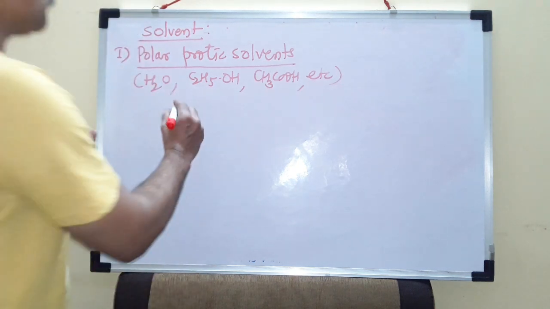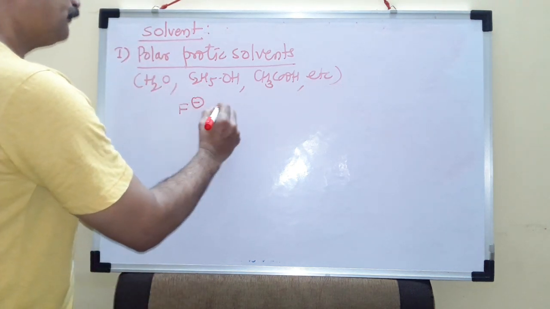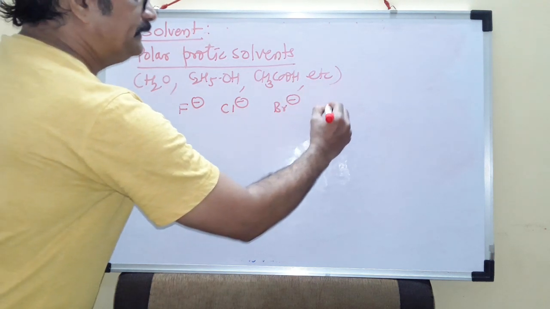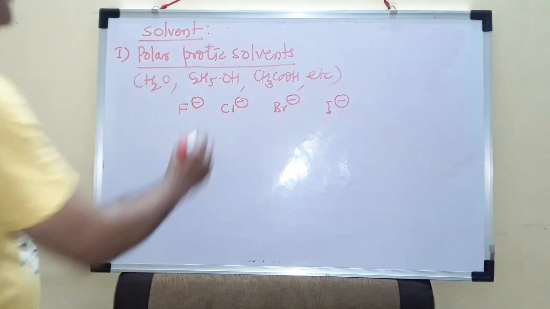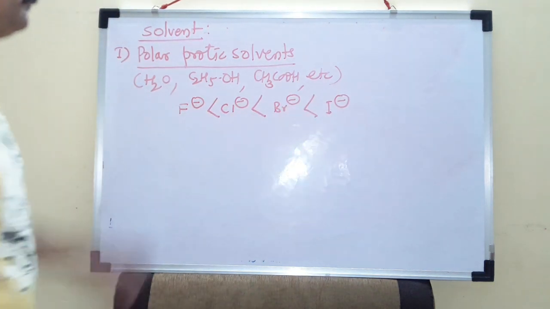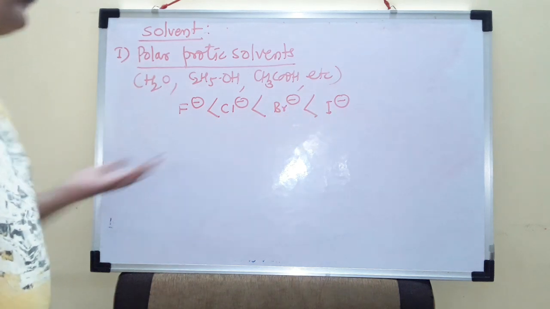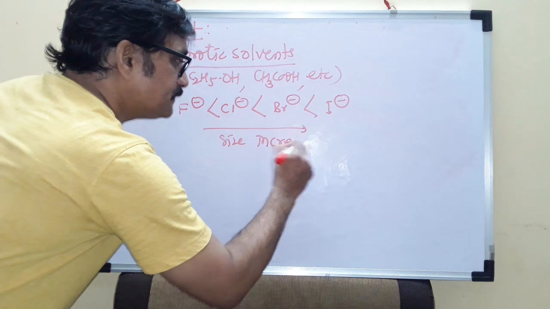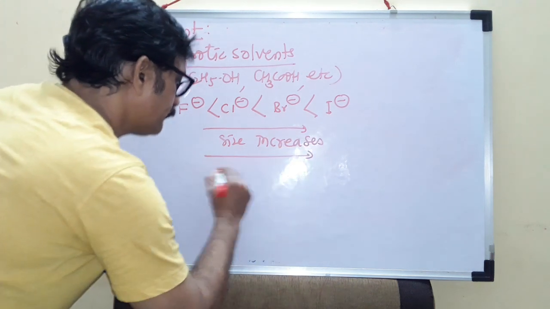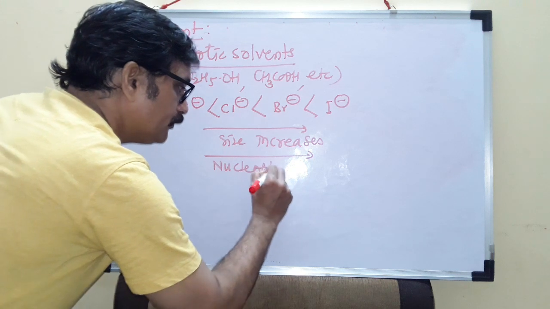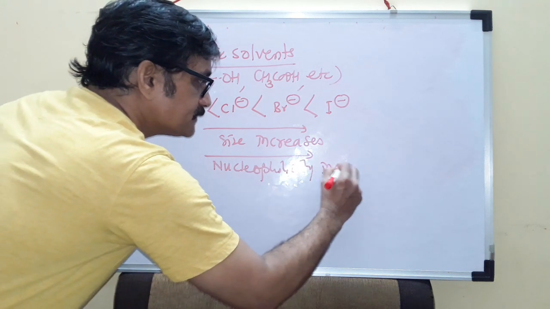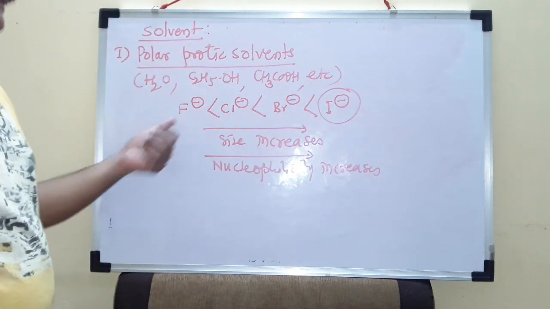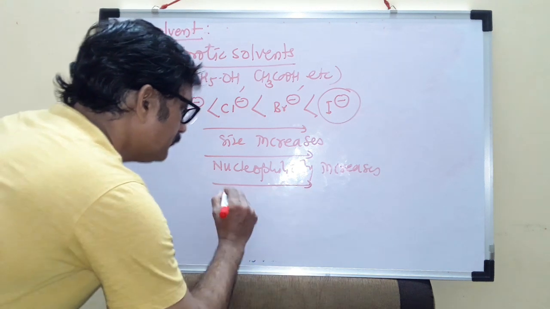In polar protic solvent, as the size of the anion increases, nucleophilicity increases. Particularly here, these are the nucleophiles which we use more frequently. If size increases, nucleophilicity increases. That means iodide is more nucleophilic than fluoride, but the basicity decreases.